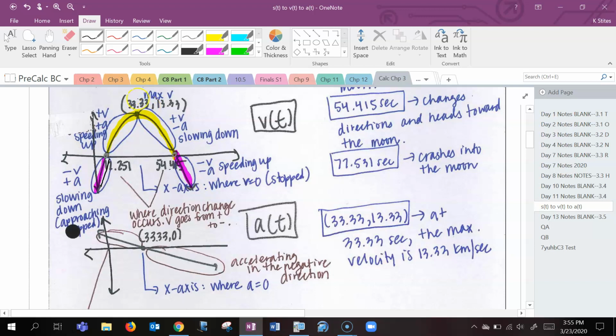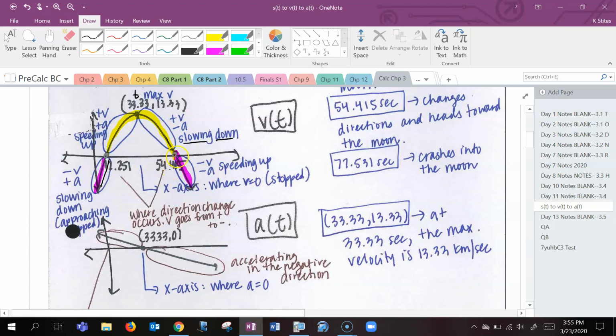At 33.33 seconds right here, we are still moving upwards because our velocity is still in the positives. But this is when we start slowing down, because now we have a negative slope, which means acceleration is negative. We are approaching 0 again, so we are slowing down.